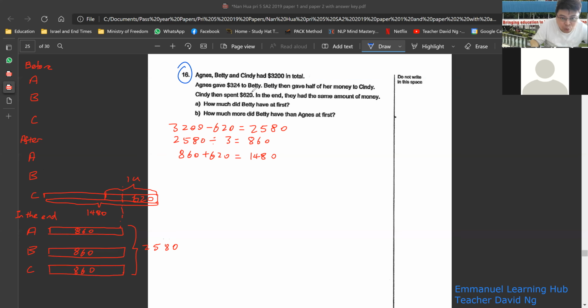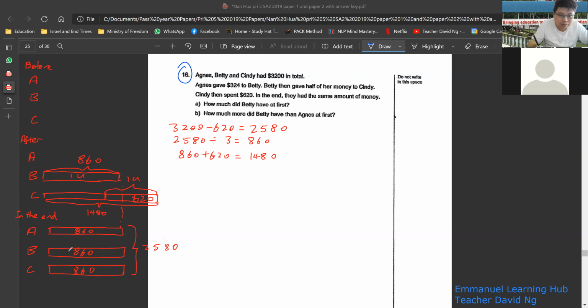After Agnes gave 324 to Betty. After Agnes gave 324 to Betty, Betty gave half of the amount to Cindy. Then after that, Betty has no more left. That means 1 unit is 860. Does that make sense? Yes.